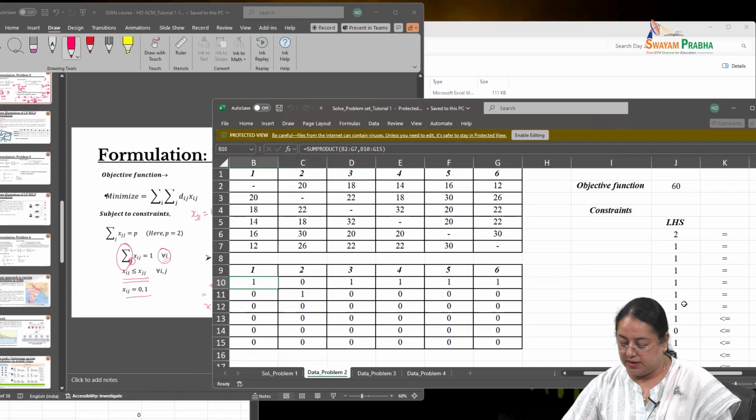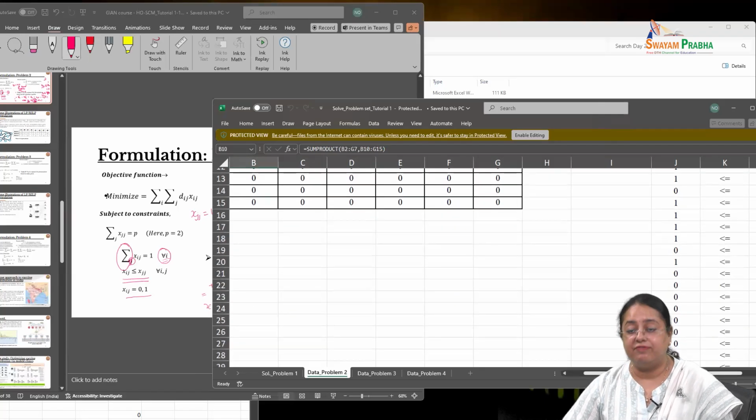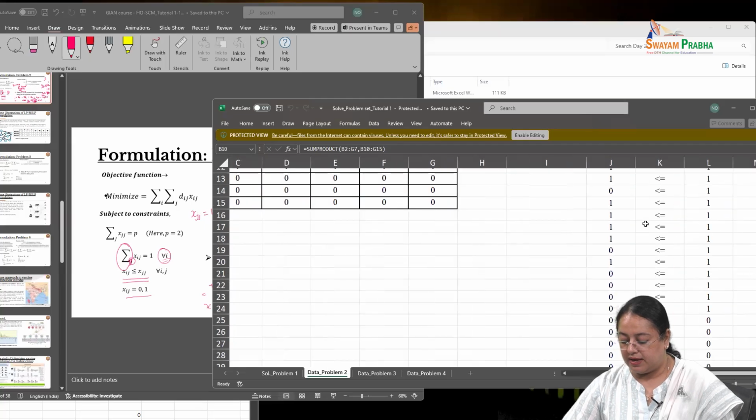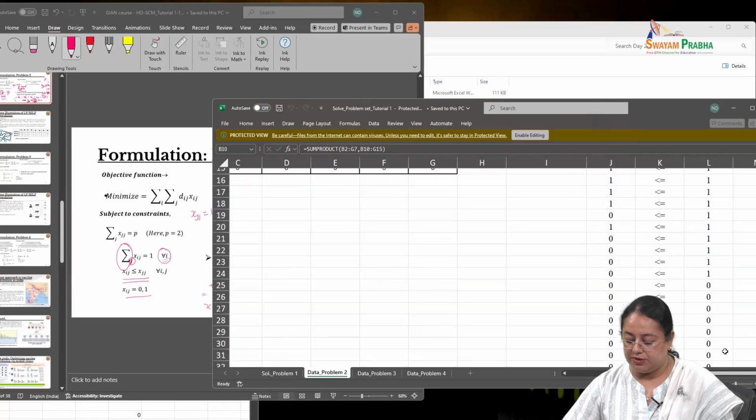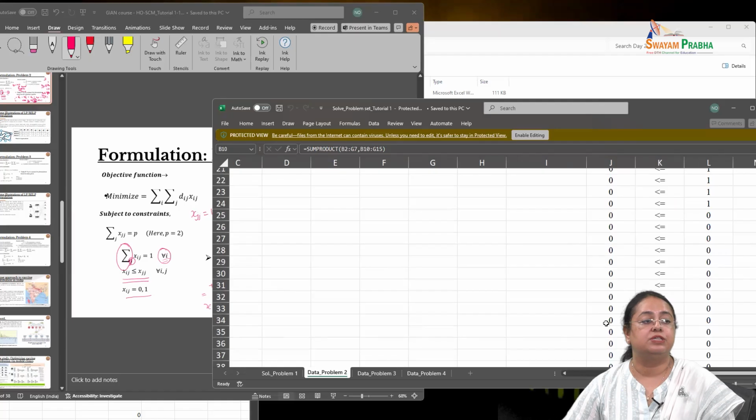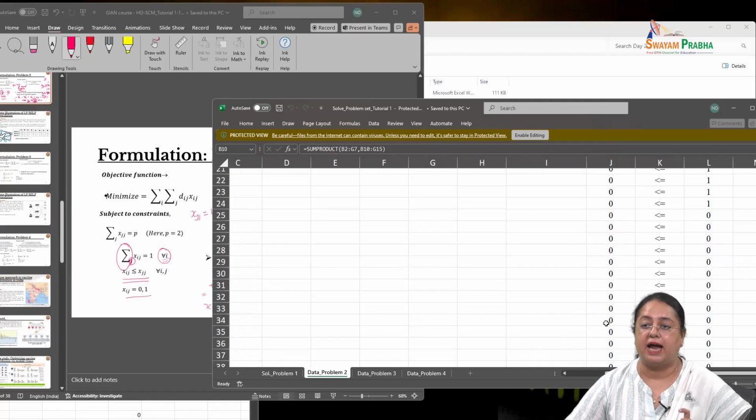You have to put only on the left hand side this value, and this is just for symbol and notation for our understanding. Right hand side, whatever it should be, you just put that. Left hand side, you just put your formula, addition.